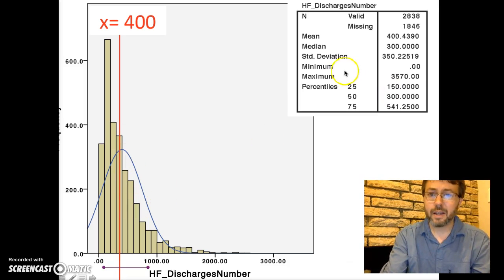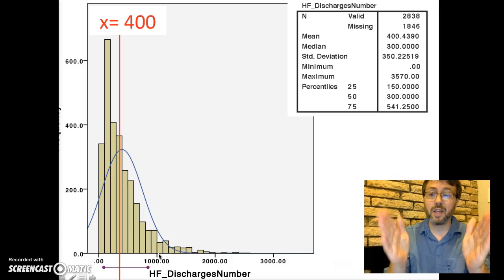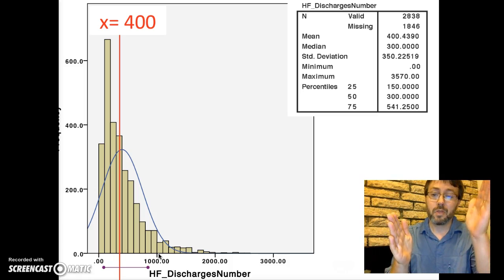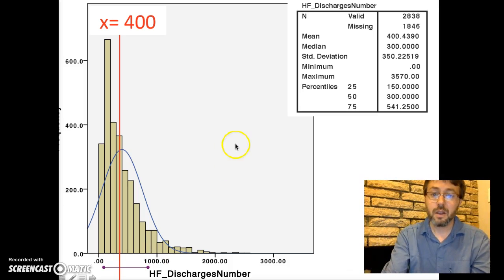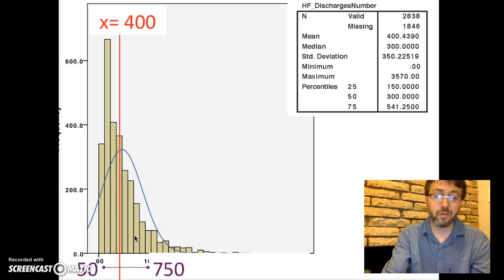If we look at the standard deviation of 350, that means that 66% of the observations occur 350 points below the mean to 350 points above the mean. So if we take the mean value of 400 and subtract one standard deviation, we get 50. And if we add one standard deviation of 350, we get 750.